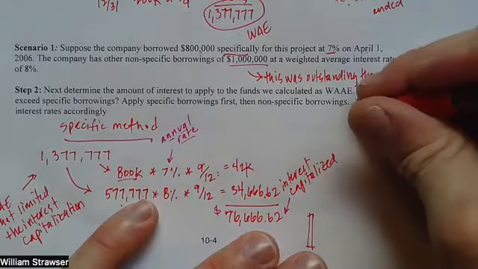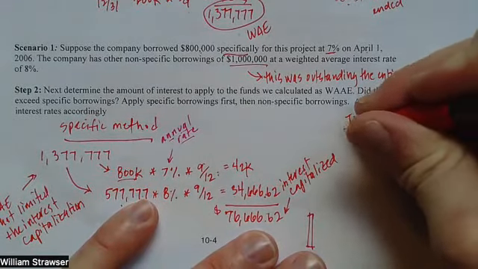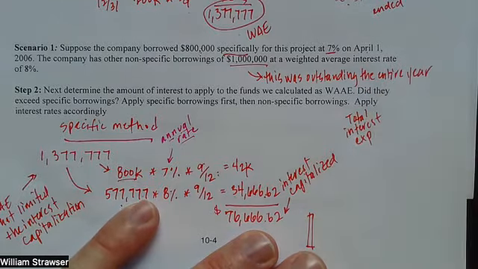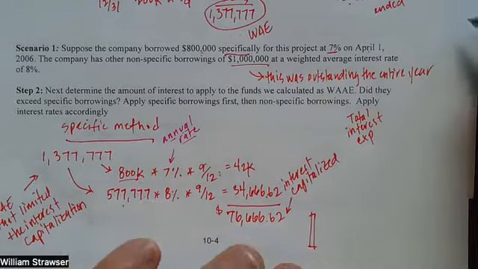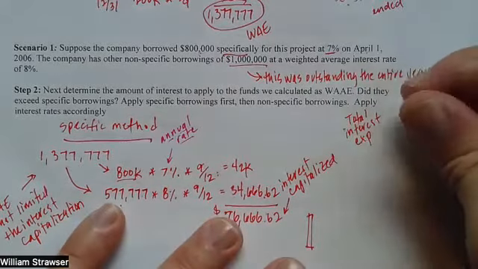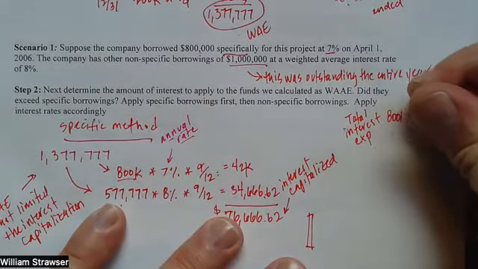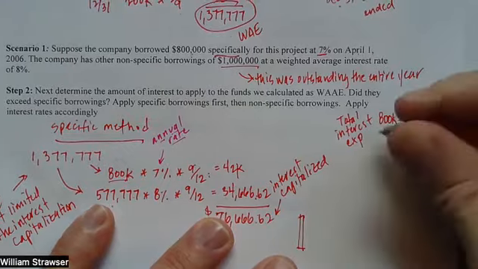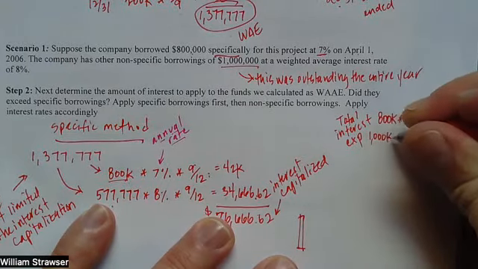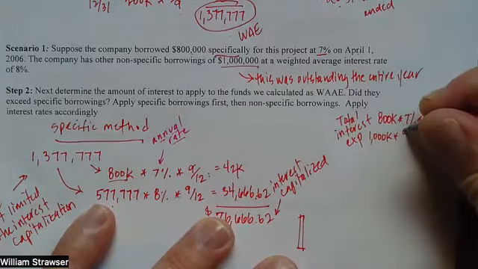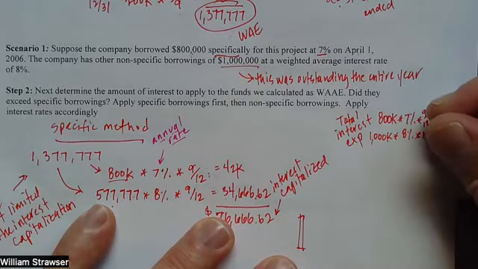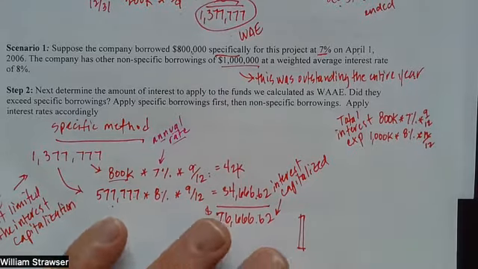Then the total interest expense without any capitalization, assuming we didn't build anything, we just borrowed these two items, we would have had 800,000 times 7% times 9 out of 12, because we took it out on April 1st. For the 1 million, we'd have had the 1 million at 8%. And if it was outstanding the entire year, then we would just do 12 out of 12, right? The full 8%.